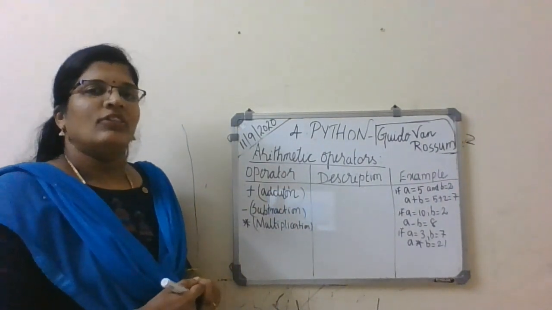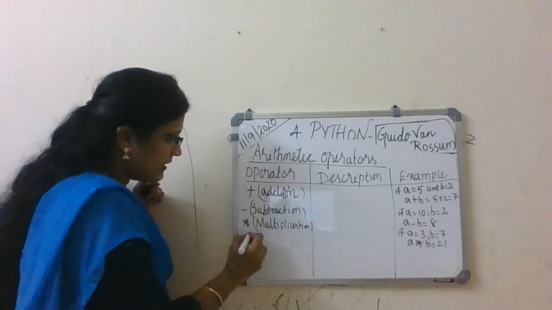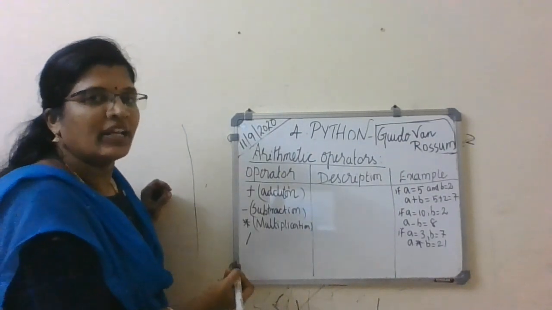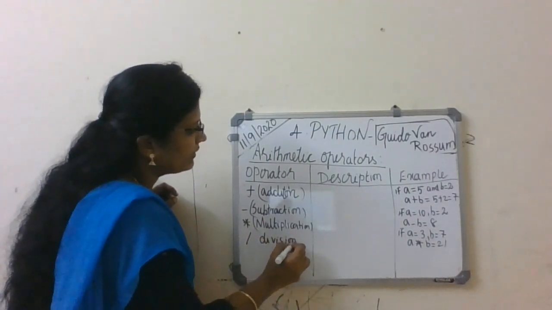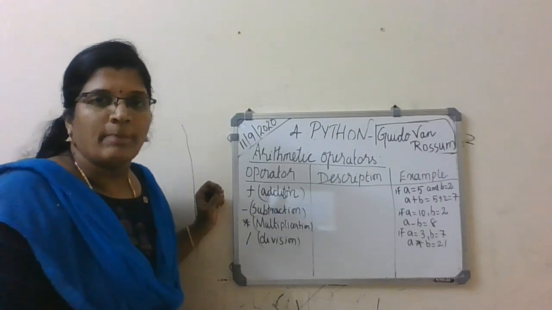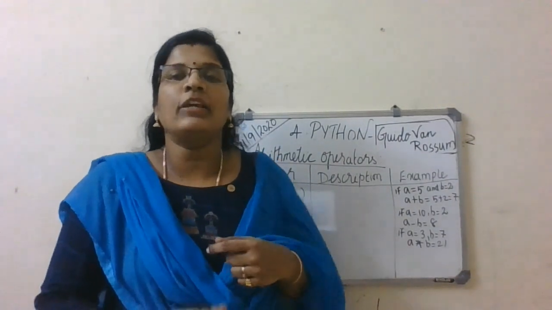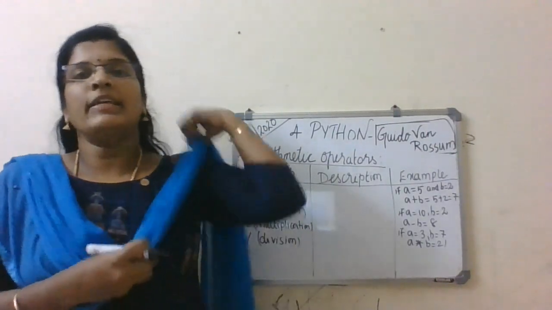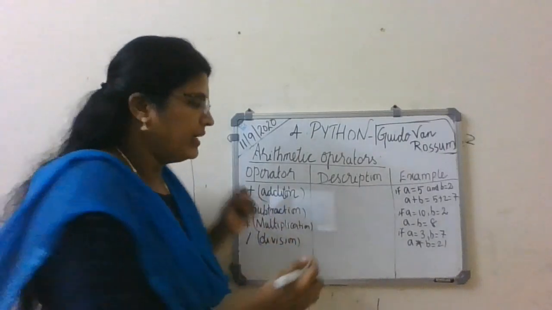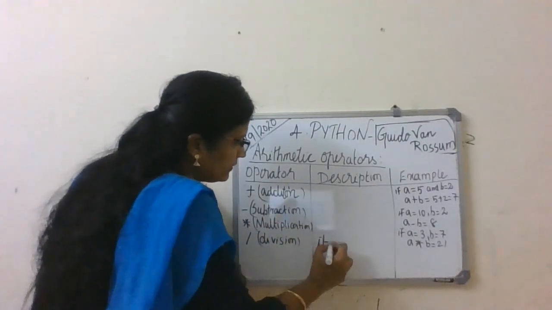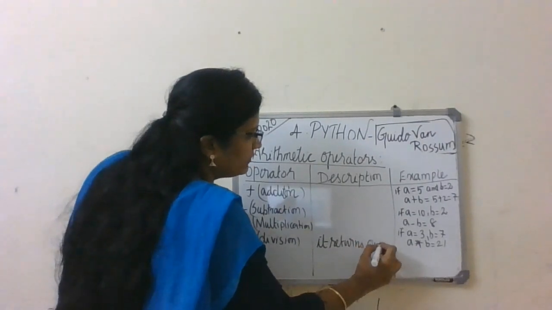Then the fourth one is division. Slash is called division in computers. The division operator divides two numbers and returns the quotient, and it won't look after the remainder.